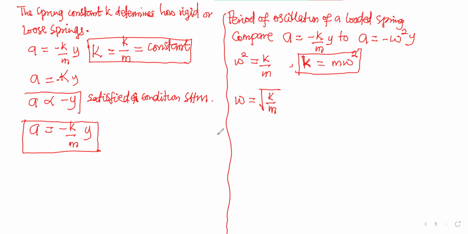And because omega is also equal to 2 pi over T, then we can equate 2 pi over T to square root of K over M. Please, class, help me make T the subject.